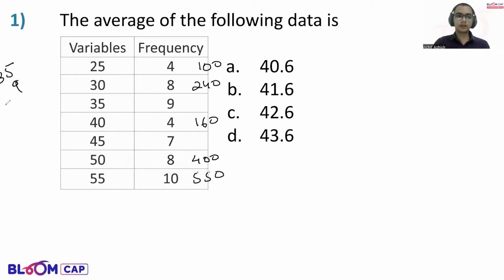Now, let's solve 35 into 9. We can multiply them on the side. 9 5s are 45. 9 3s are 27, plus 4 is 31. This is equal to 315. And 45 into 7, let's multiply this as well. 7 5s are 35. 7 4s are 28, plus 3 is 31. 315 is the answer to this as well.